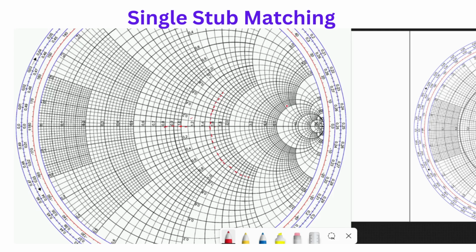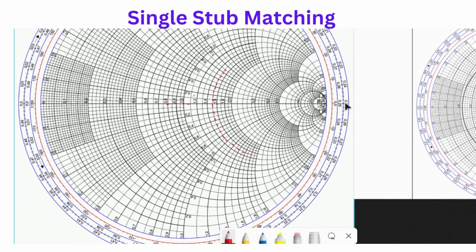And to see the reactance, which is minus 2, we have to check right here. This is the minus 2 reactance circle, and the intersection of these two is right here. So here is where we can see ZL bar, which is equal to 1.5 minus j2.